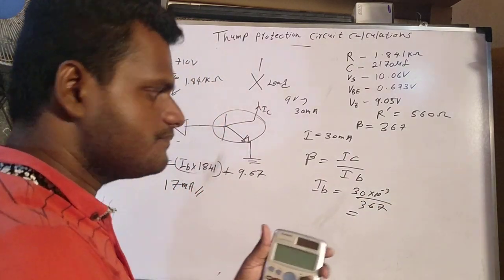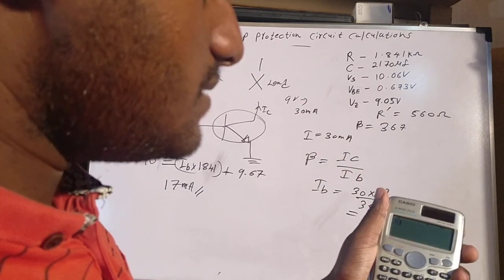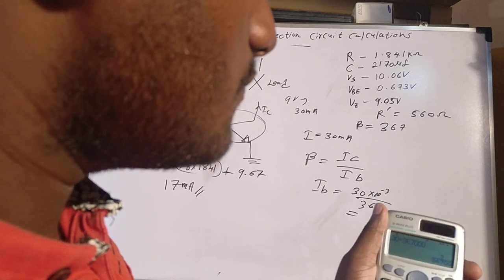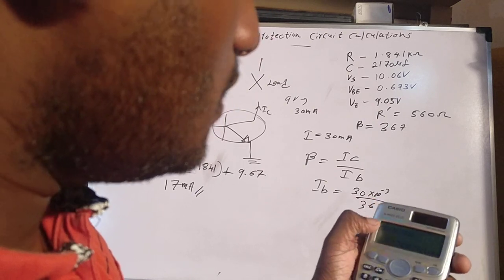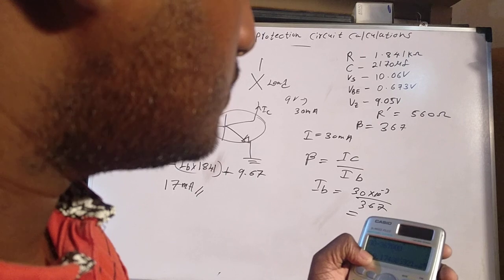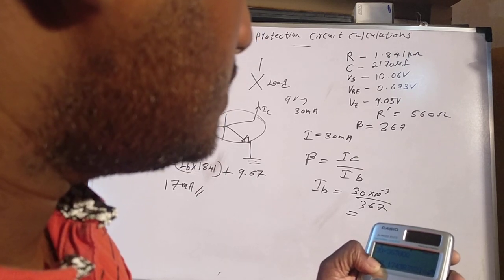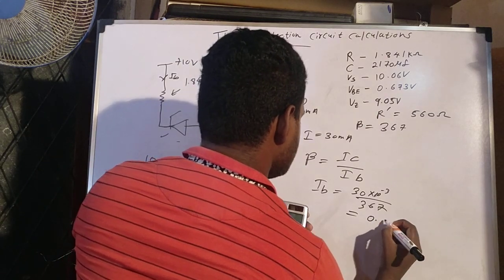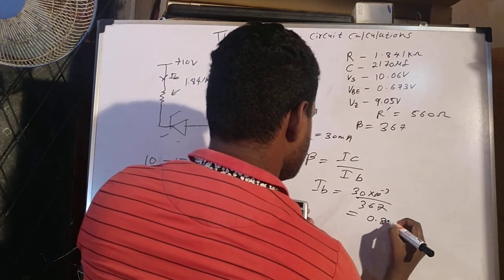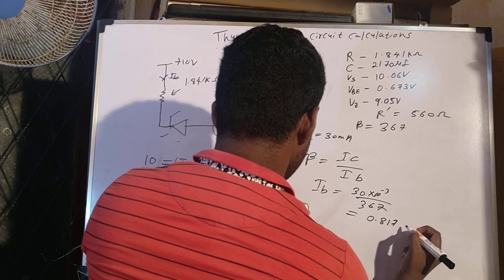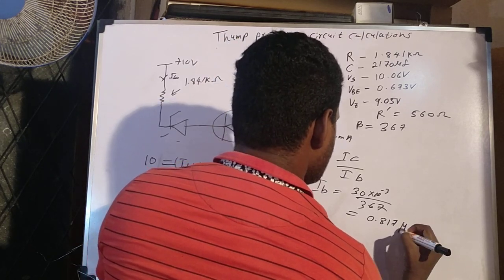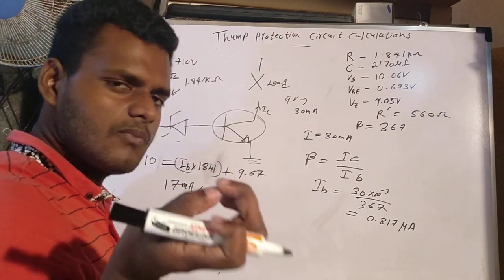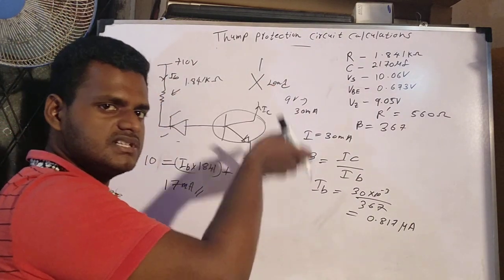What's the value? 30 divided by 367, the value is around 0.08, 0.8 milliamperes. So IB is a very small current to control the 30 milliamperes here.